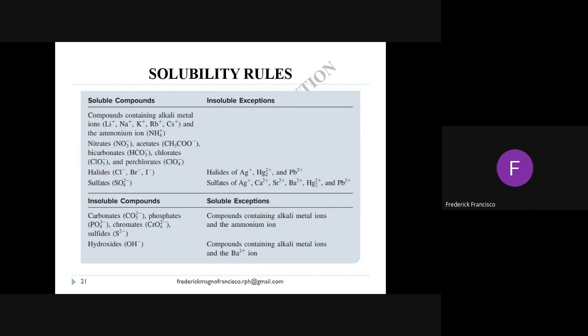Soluble compounds are nitrates, acetates, bicarbonates, chlorates, and perchlorates. Soluble compounds are halides except halides of silver, mercury, and lead.